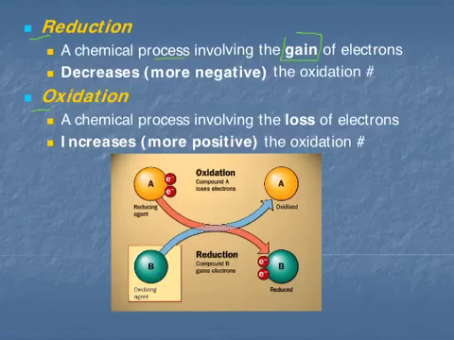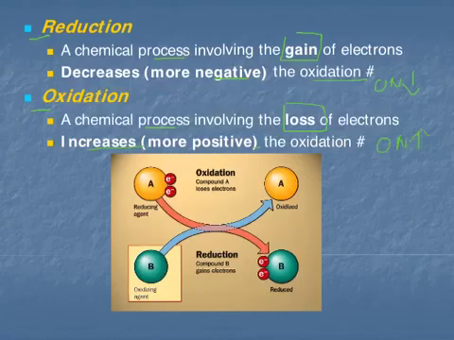That means that atom gets more negative, and if it's more negative, the oxidation number goes down. On the other hand, oxidation is a reaction or a process that involves a loss of electrons. If you lose electrons, you lose negative charges. That means that our oxidation number is going to increase or get more positive. So our ON goes up.